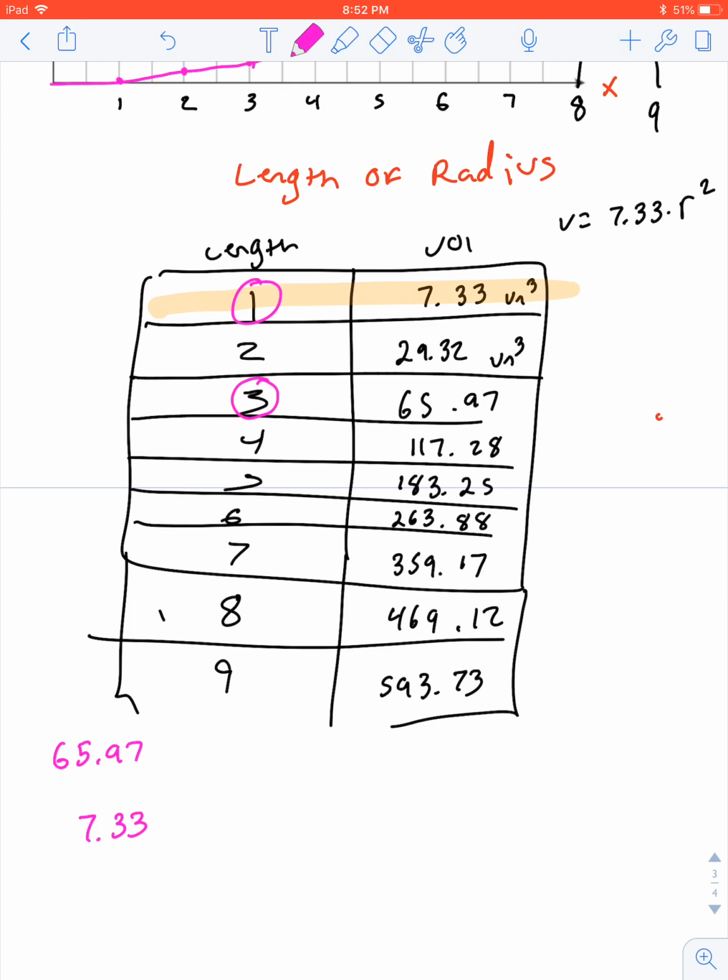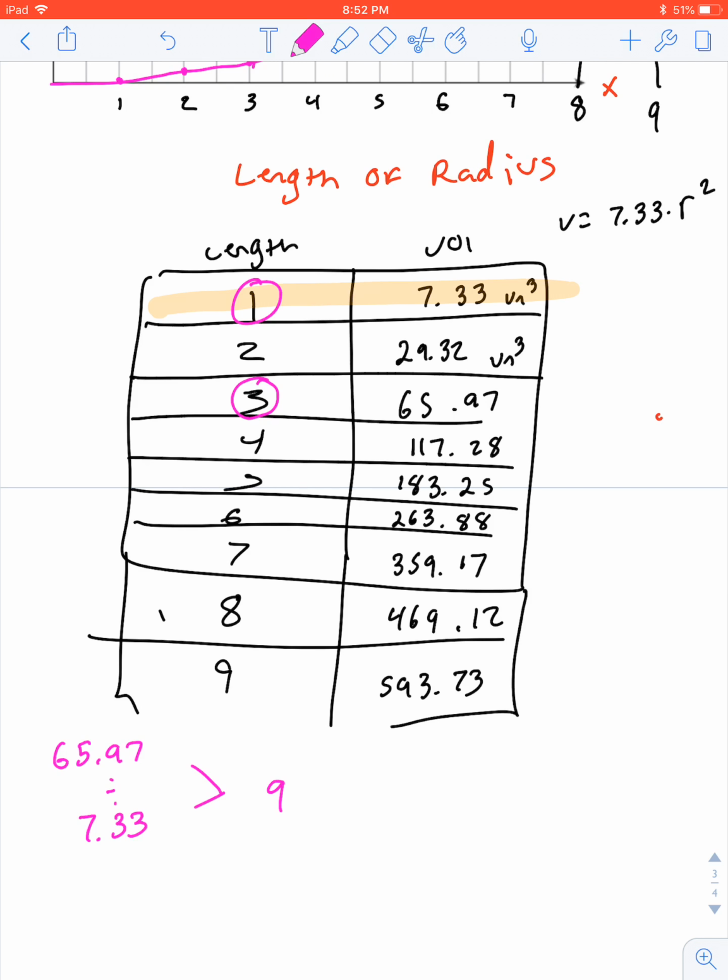65.97. Okay? Now here's what I want you guys to do. I want you to take a moment and look at 65.97 and 7.33, and I want you to divide them. Once you divide them, what do you get?